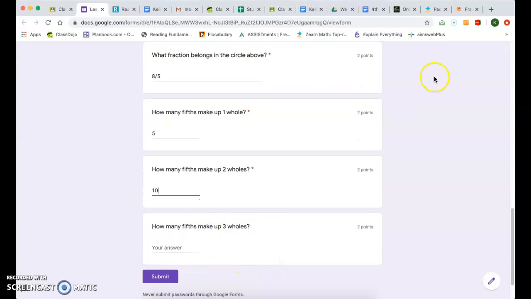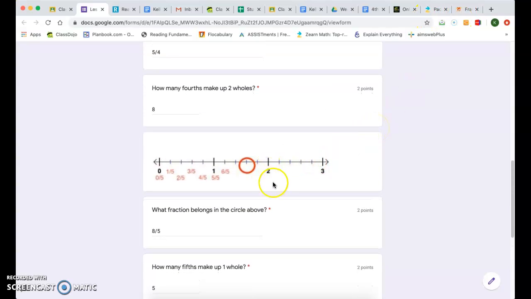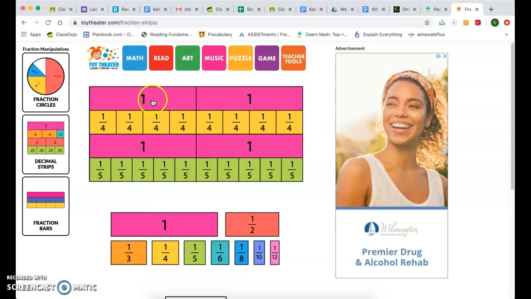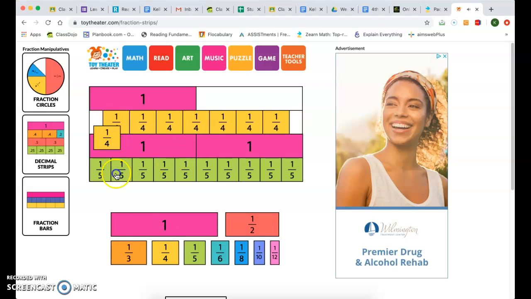How many fifths would make up 3 wholes? Well, if this is 10/5, 11/5, 12/5, 13/5, 14/5, 15/5. I can show you that here.